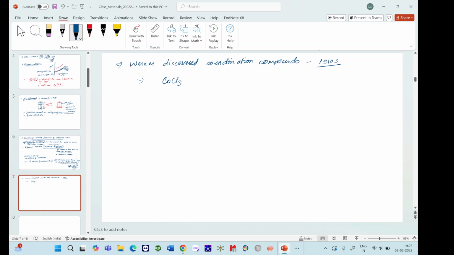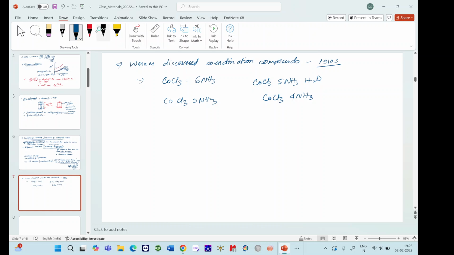for a series of cobalt compounds like this, all of these series of complexes show different colors.